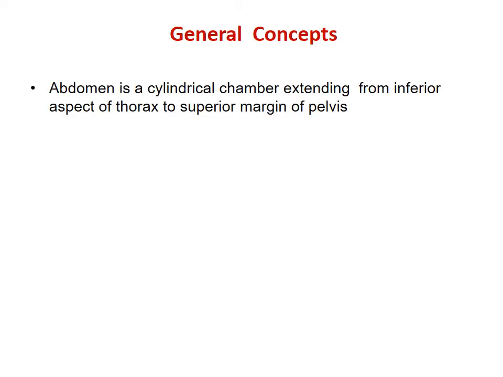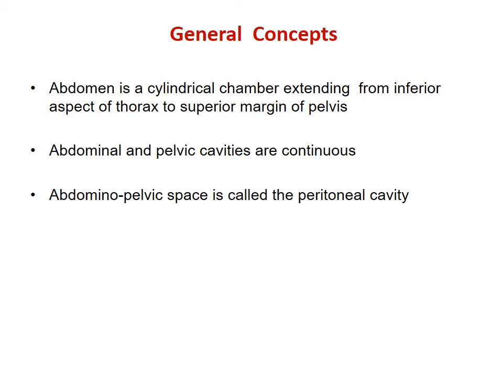Now in the next slide, there are some general concepts for the digestive system. The abdomen is a cylindrical chamber extending from the inferior aspect of the thorax to the superior margin of the pelvis. Abdomen and pelvic cavities are continuous. There is no wall, no septum like the diaphragm, between the thorax and the abdomen. The abdominopelvic space is called the peritoneal cavity.